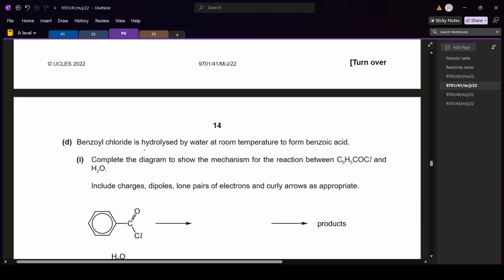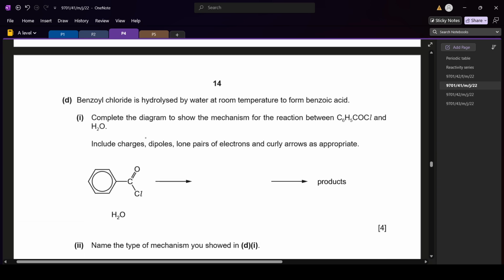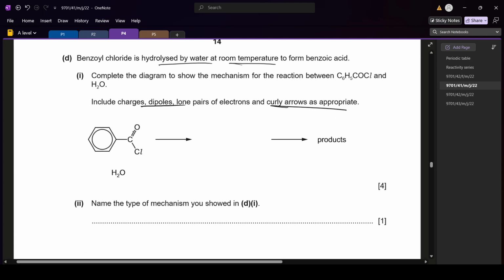Moving towards the next part, part D. Benzoyl chloride is hydrolyzed by water at room temperature to form benzoic acid. Complete the diagram to show the mechanism for the reaction between benzoyl chloride and water. Include charges, dipoles, lone pairs of electrons and curly arrows. So here you have to show charges.